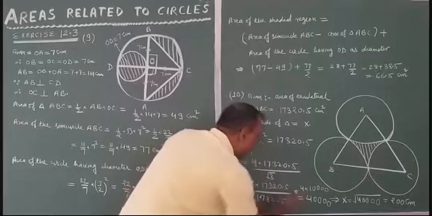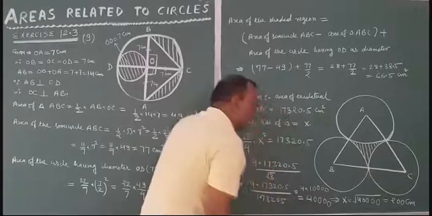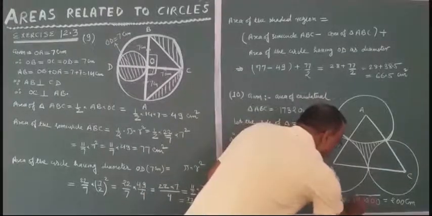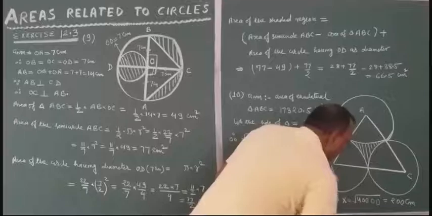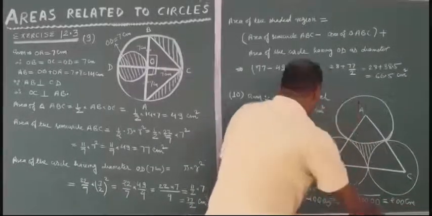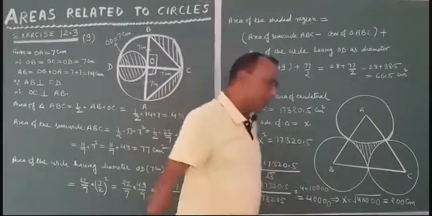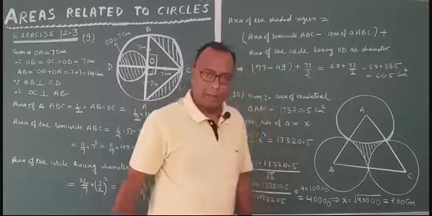So x square will be 4 into 10,000, that is 40,000. Then x will be equal to the square root of 40,000, which is 200 centimeter. So the side of the equilateral triangle is 200 centimeter.